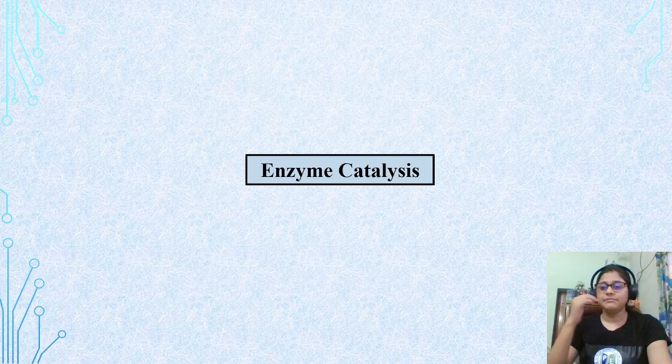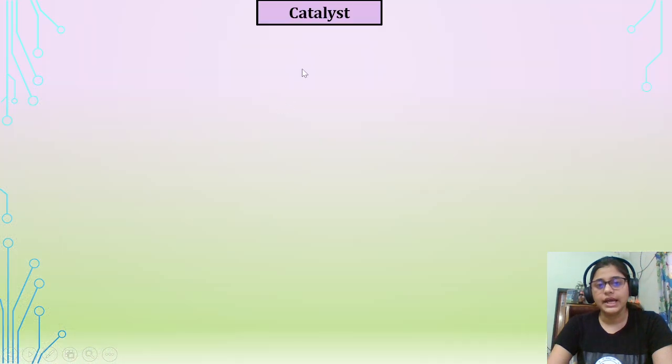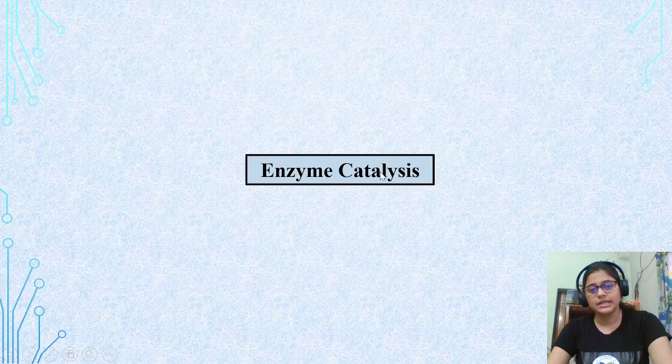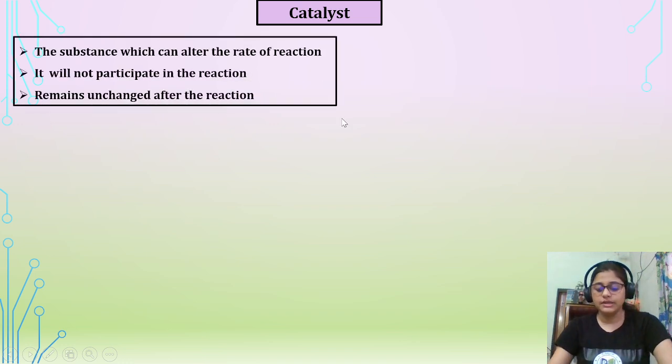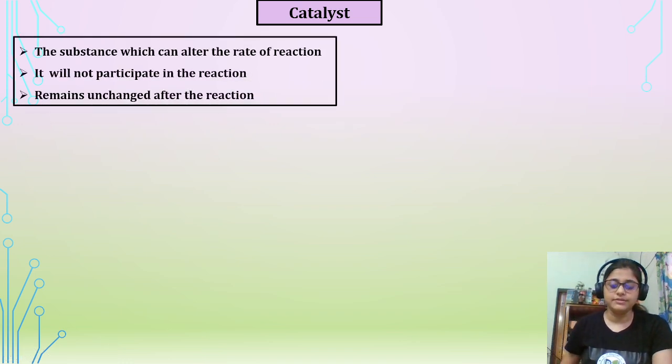First, enzyme catalysis. We have to understand what a catalyst is. First we will understand what a catalyst and an enzyme are. We know actually, but we have to have an idea about both. There are a few important points about catalyst which I have incorporated here.